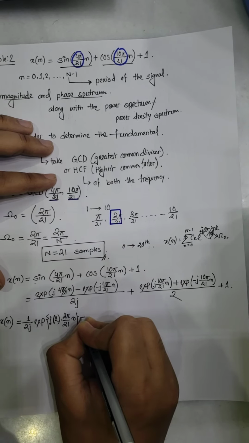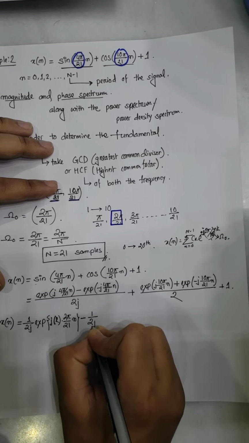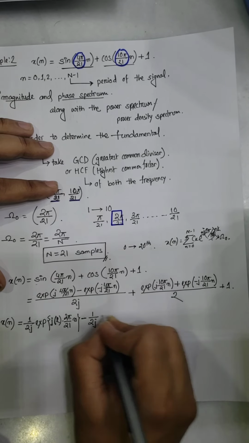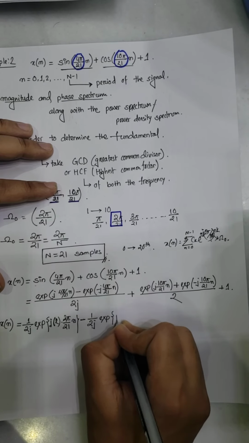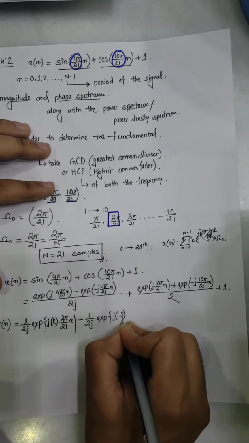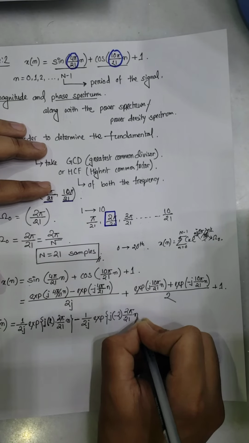For the next value, this becomes negative of 1 over twice j, e to the power j of minus 2 twice pi over 21 n.